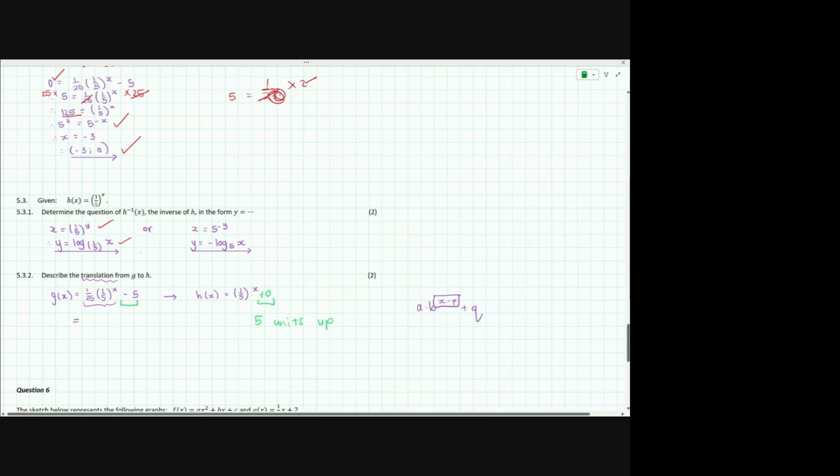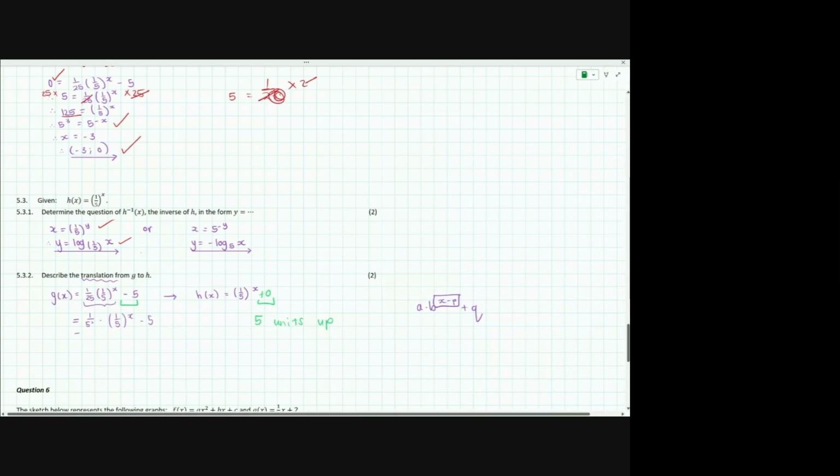Now we can do that because remember, we want to get the bases the same. So this would be 1/5 squared times 1/5 to the power x minus 5. You can keep the -5 there if you want to. Sorry, I'm getting old. It's completely up to you.